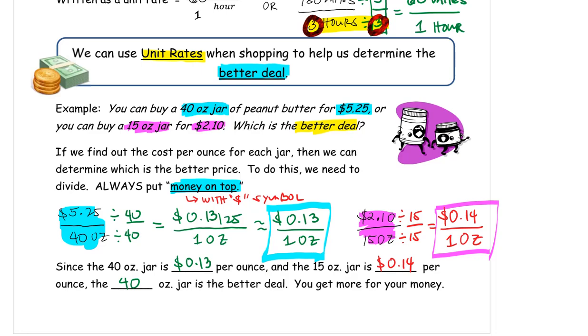You get more for your money. So even though the 15 ounces jar is only $2.10, the better deal would be the 40 ounces jar, because you get more for your money.